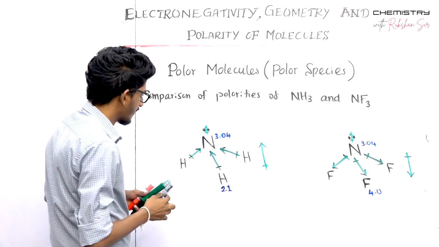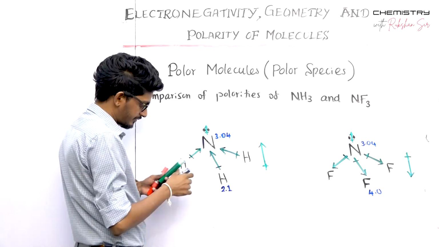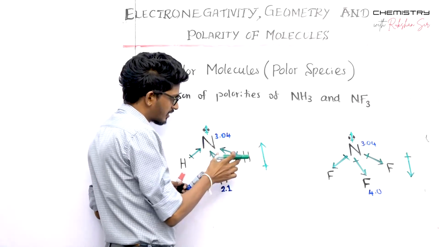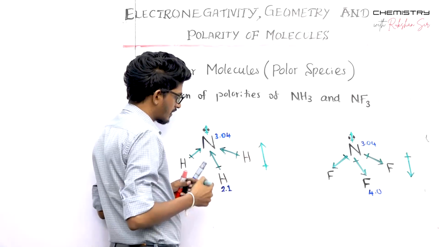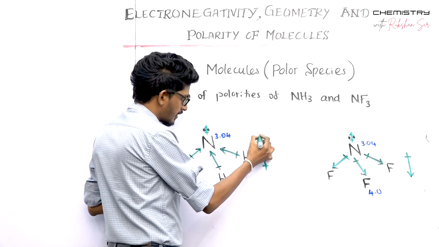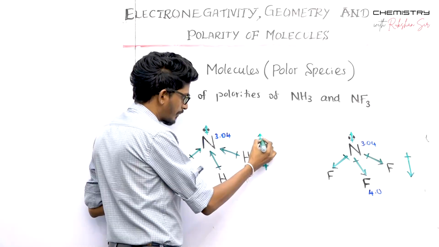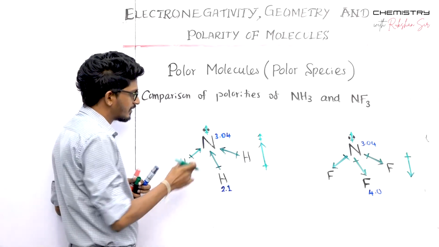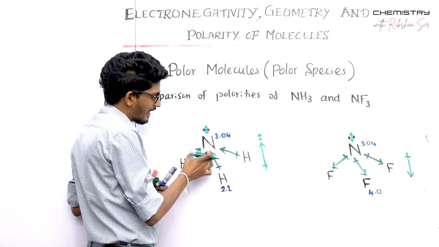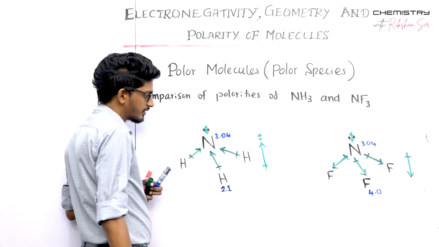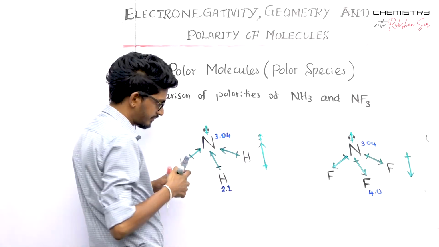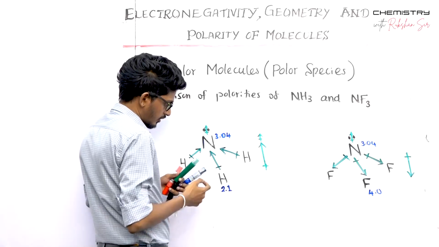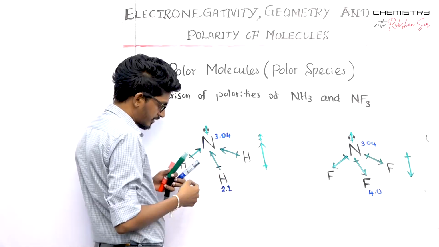But the effect of the lone pair will be added to this with the NH3, because the dipole moment of the lone pair is in the same direction as the resultant of the bonds. The lone pair will be added to the resultant of the bonds.